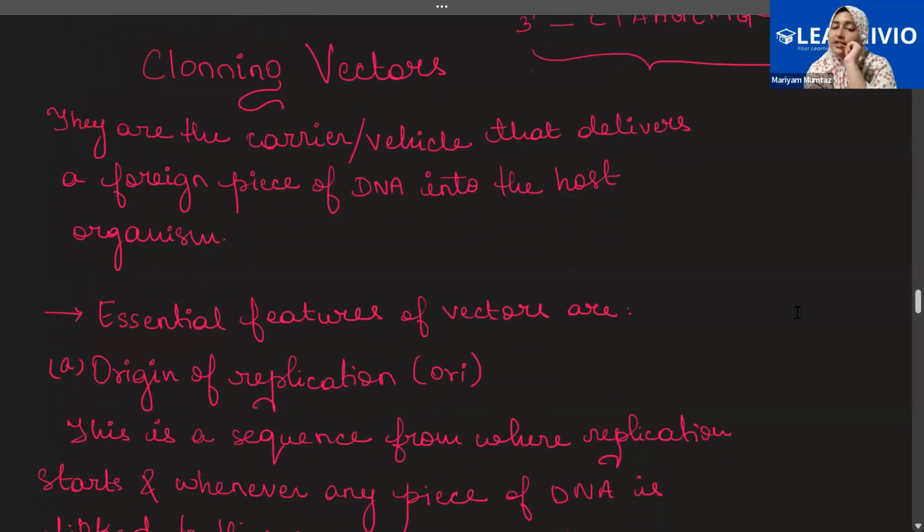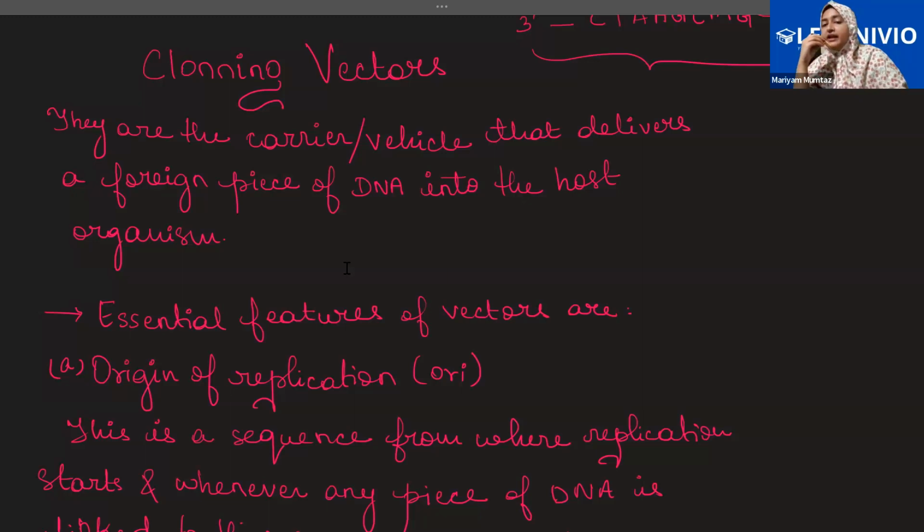You already know from human health and disease that vectors are those substances that behave like a carrier of a disease. In recombinant DNA technology, vectors are the carriers responsible for delivering the gene.